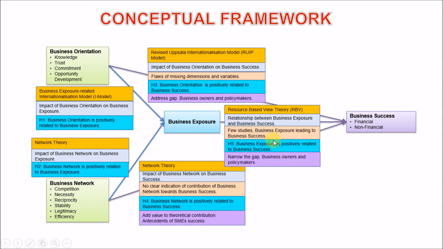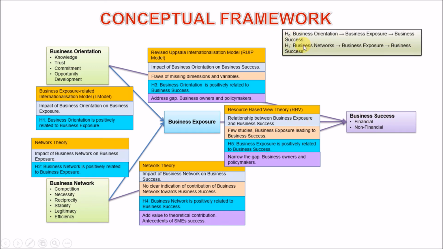How about H6? Because we have mediating between this and that. Business exposure is mediating between business orientation and business success, and business exposure is of course another way mediating between business network and business success. How to write that?